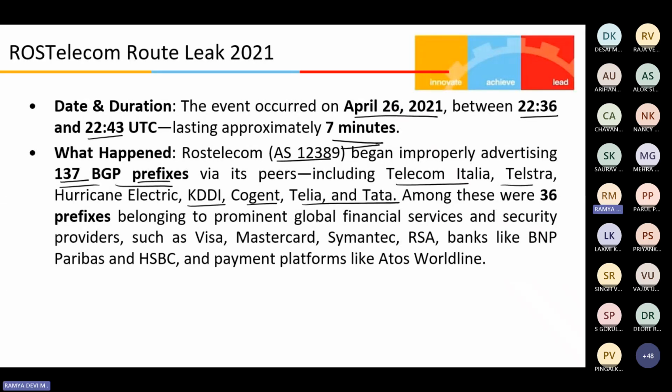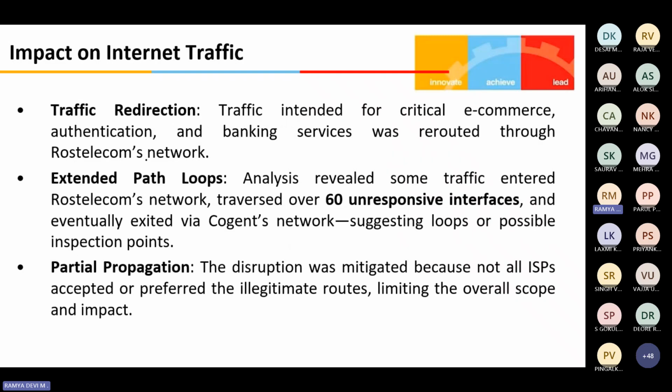A heavy risk of interception and unintentional data exposure, everything was diverted to Rostelecom. One provider's misconfiguration disturbed the entire world. That was the problem that happened in 2021.